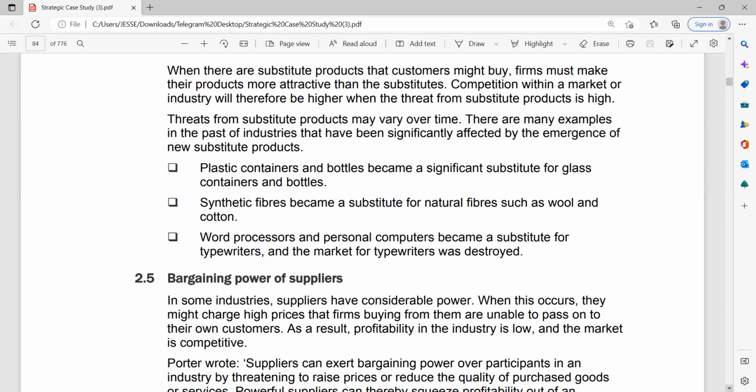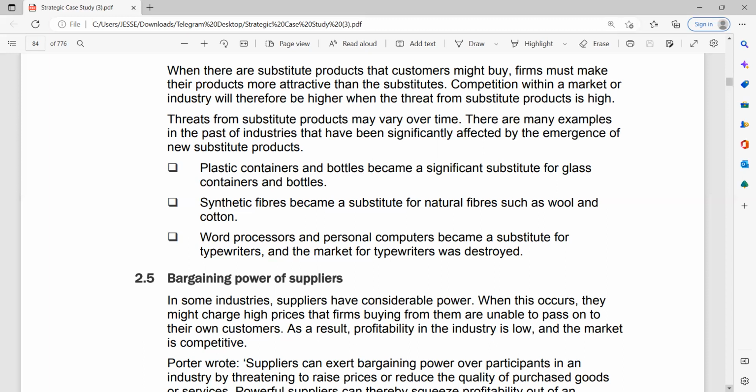There are many examples in the past of industries that may have been significantly affected by the emergence of new substitute products. Plastic containers and bottles became a significant substitute for glass.